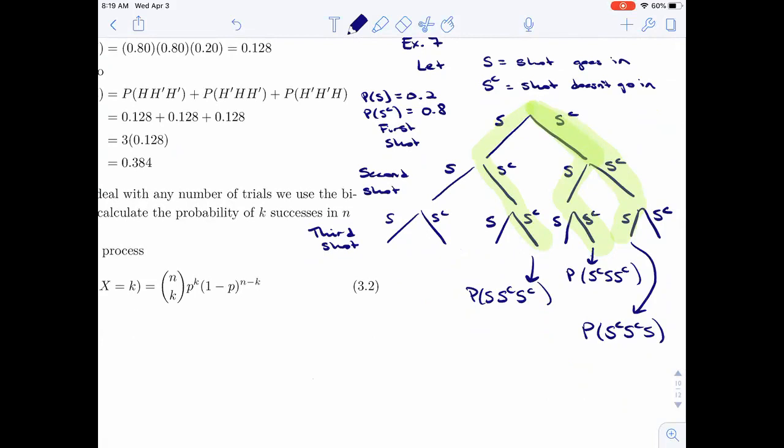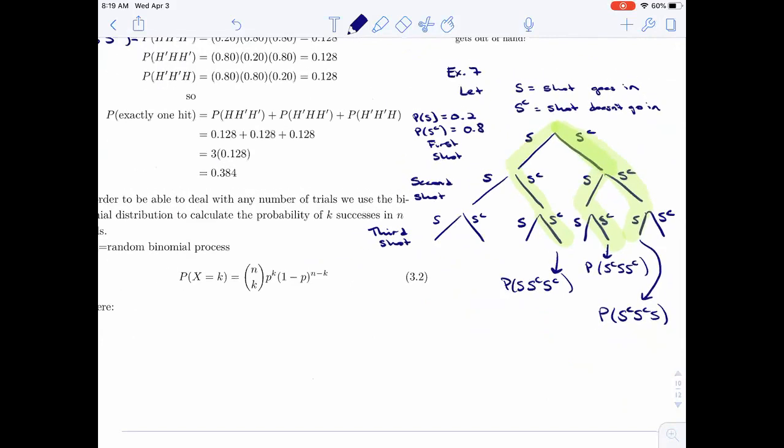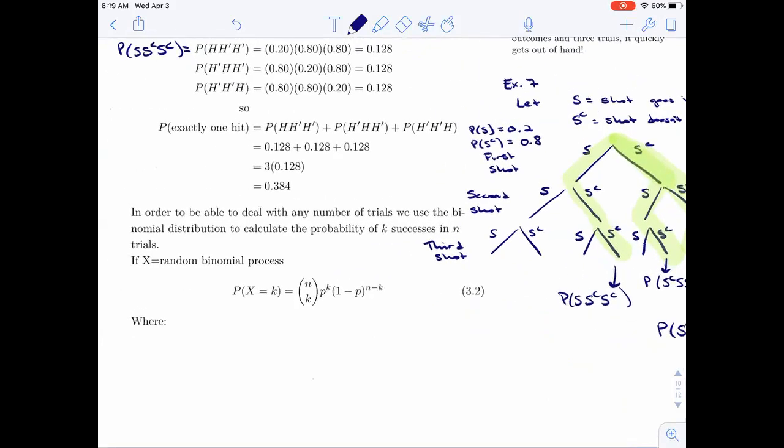Whenever we're saying or, we can just add those probabilities up. And so the probability of exactly one hit is the first one, or the second one, or the third one. And so we get 0.384 as our probability.